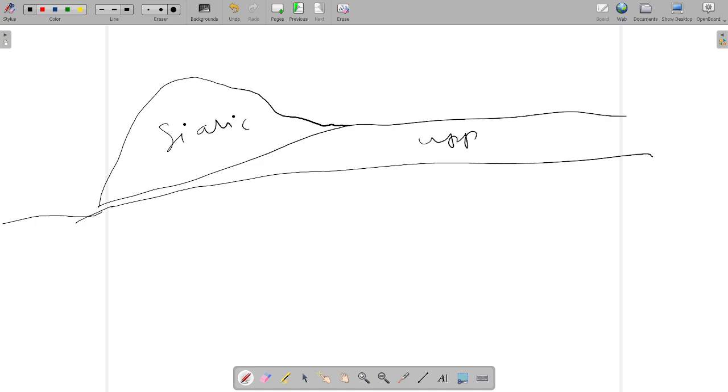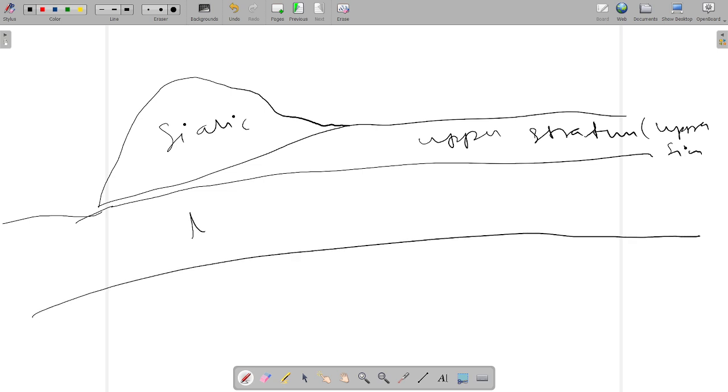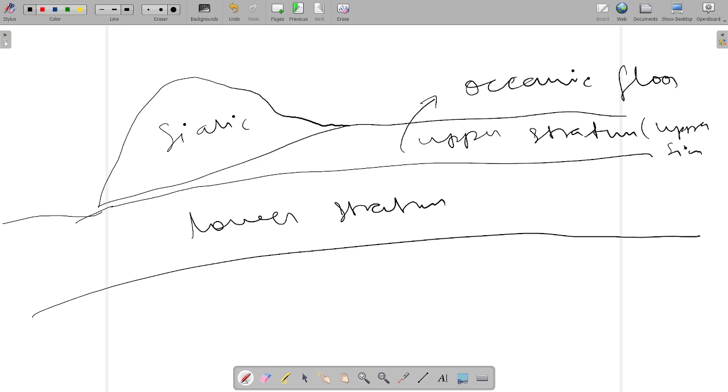This is the upper stratum, or the upper Sima, and this is the lower Sima, lower stratum. So this becomes the oceanic floor, and the Sialic layers become the continents.